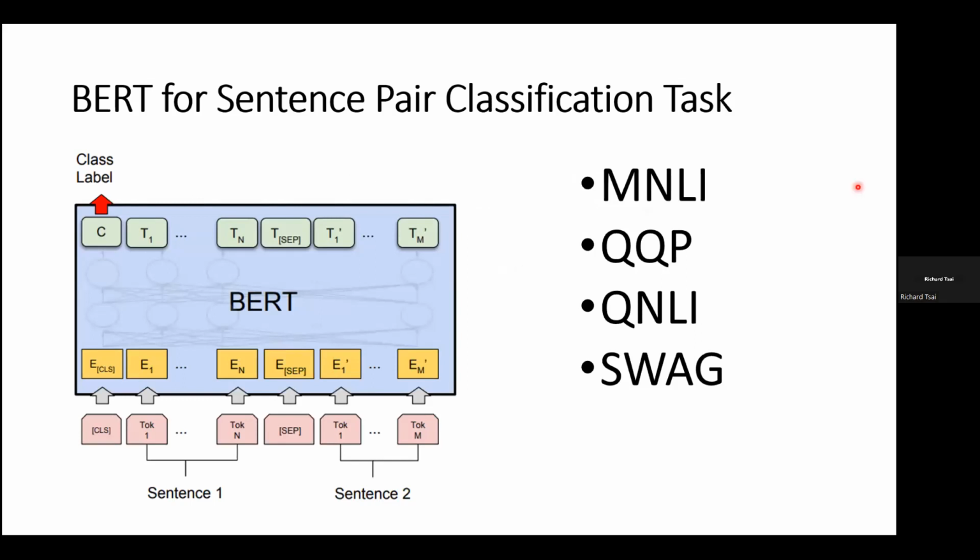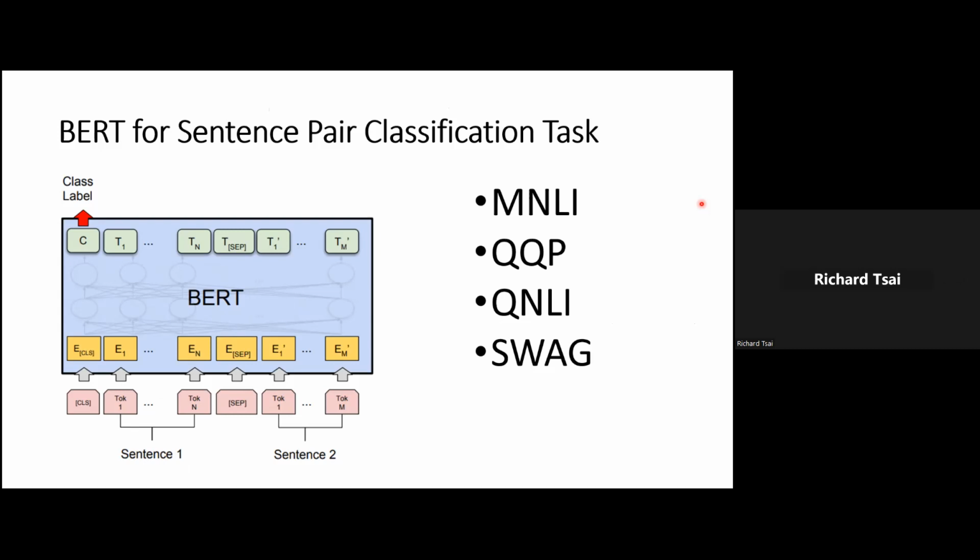Indeed, BERT's function extends to a variety of tasks when configured to accept two sentences as input and utilize the output token corresponding to the special CLS token. Here are four tasks that can be performed using this configuration.